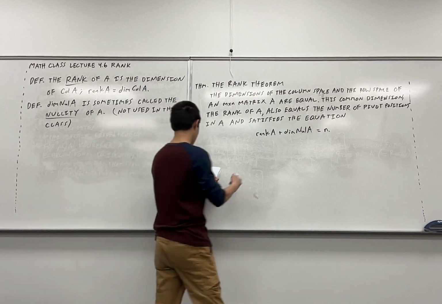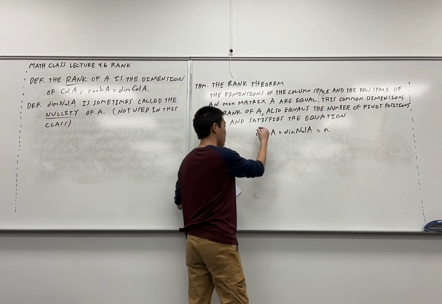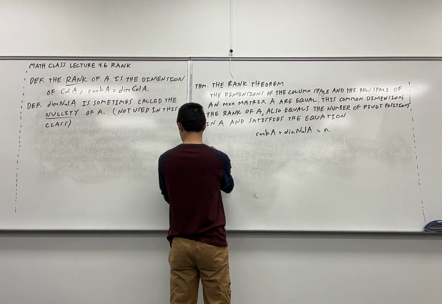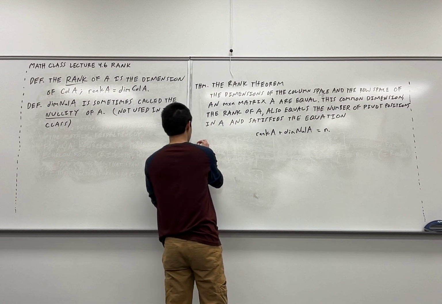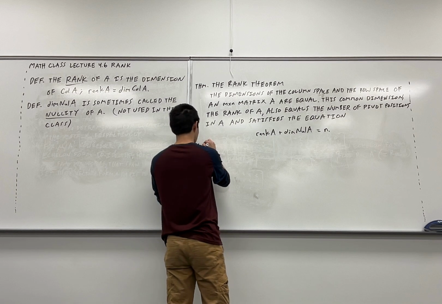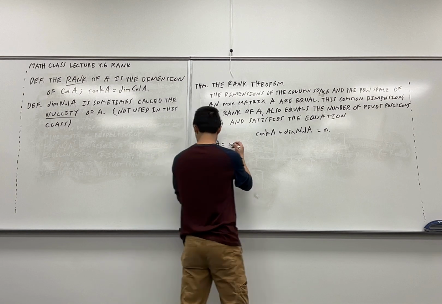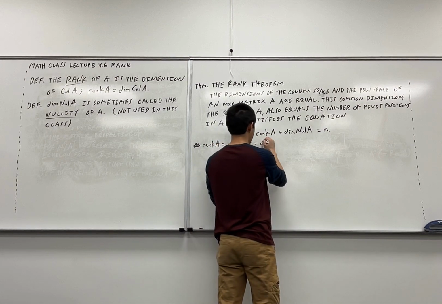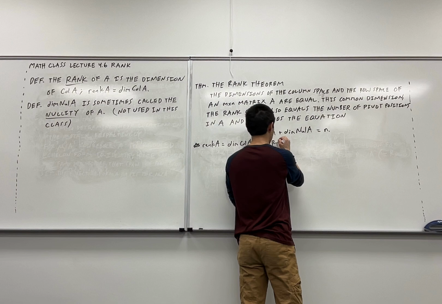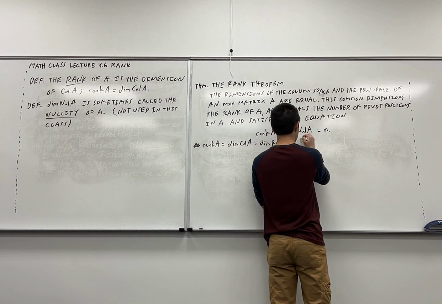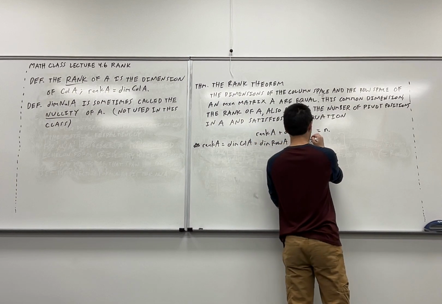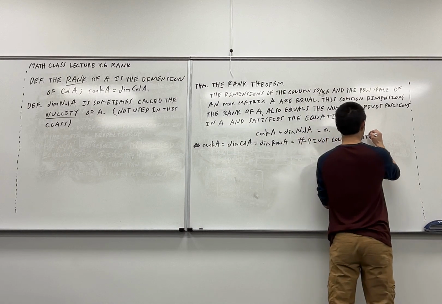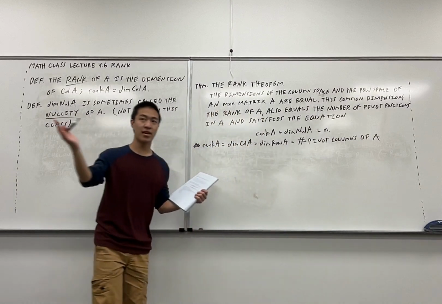So this is in math form, so it doesn't look super cute just yet. I'm going to change your mind real fast. Really think about this. Rank A is the dimension of the column space of A, which is also the dimension of the row space of A, which is the number of pivot columns of A. Yes?